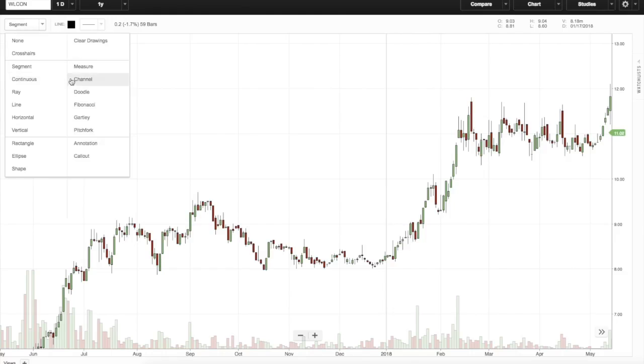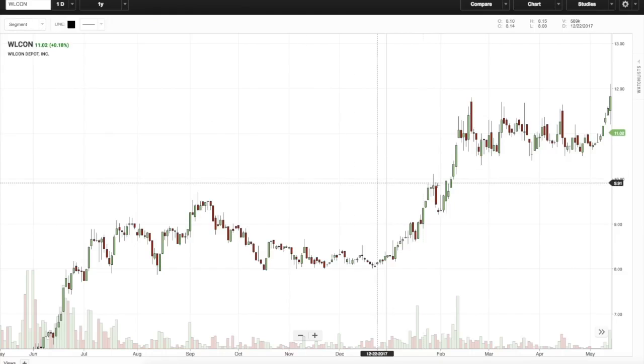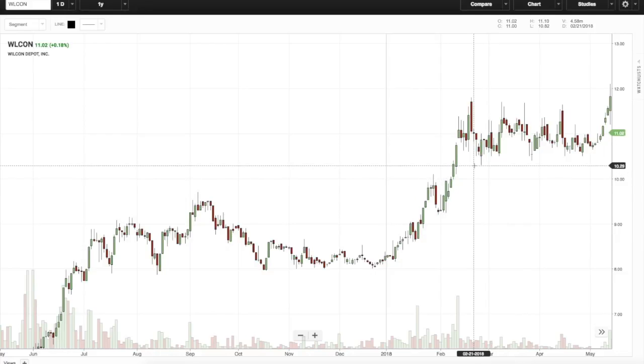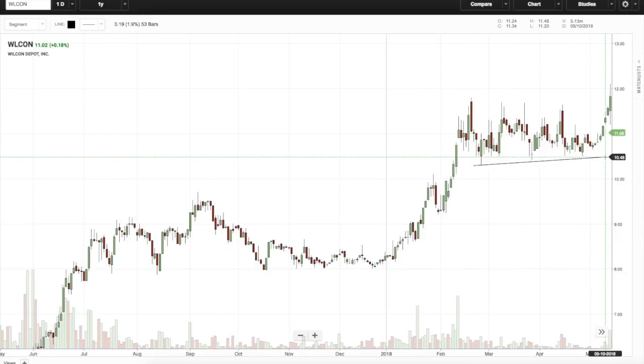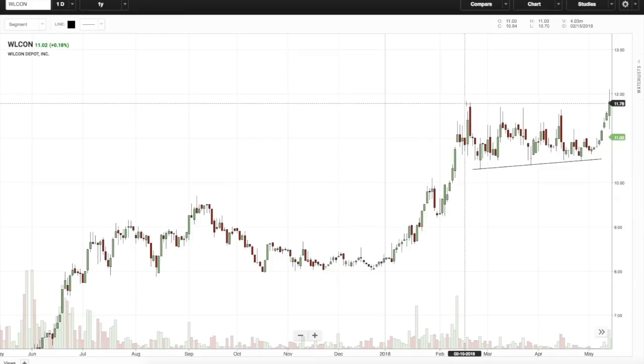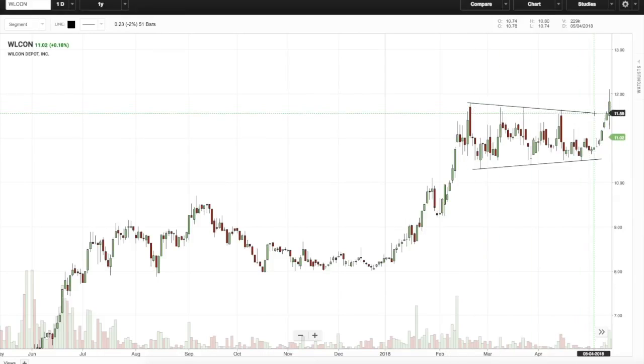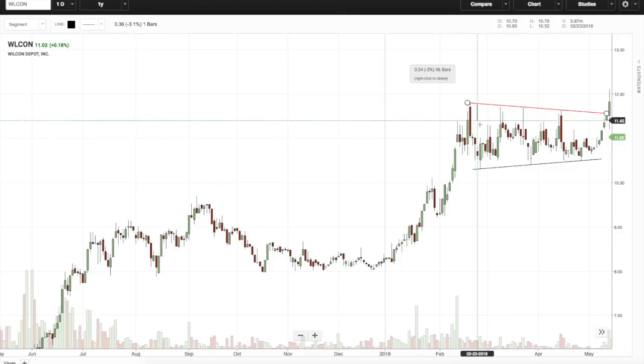So I draw a line from the support to the resistance. You see that? And then I'm going to take that size and put it on top of the area pattern over here.